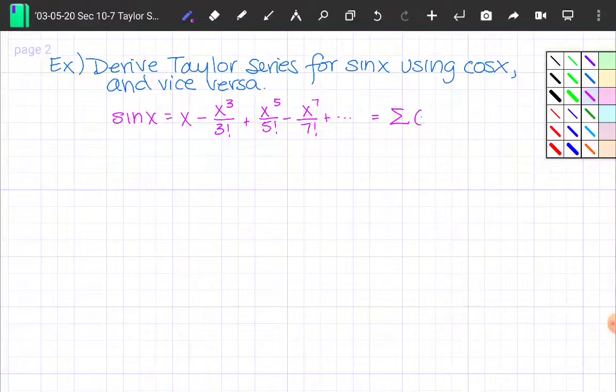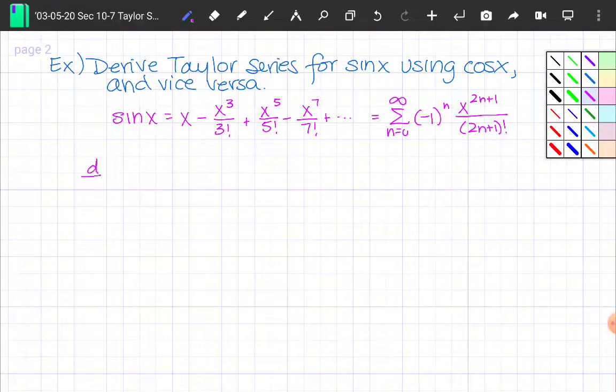We can write this as negative 1 to the nth power x to the power of 2n plus 1 over 2n plus 1 factorial as n goes from 0 to infinity. So starting with this, what I can do is take the derivative. And we know the derivative of sine is cosine, so I can take the derivative to derive the formula for cosine. So let's see what happens.